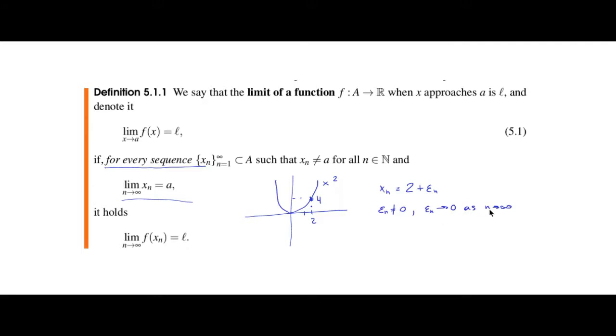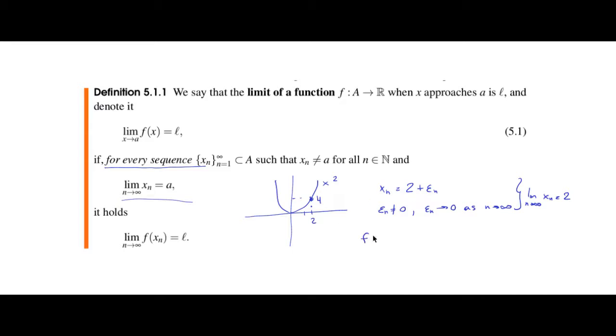So the limit when n goes to infinity of x sub n is 2, and at all points x sub n is different from 2, which is what the definition ensures. It is also contained in the domain, because the domain of the squared function is the real line.